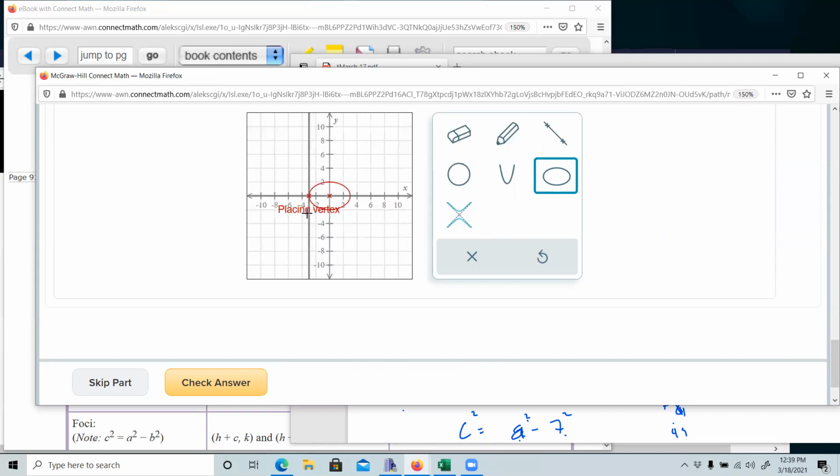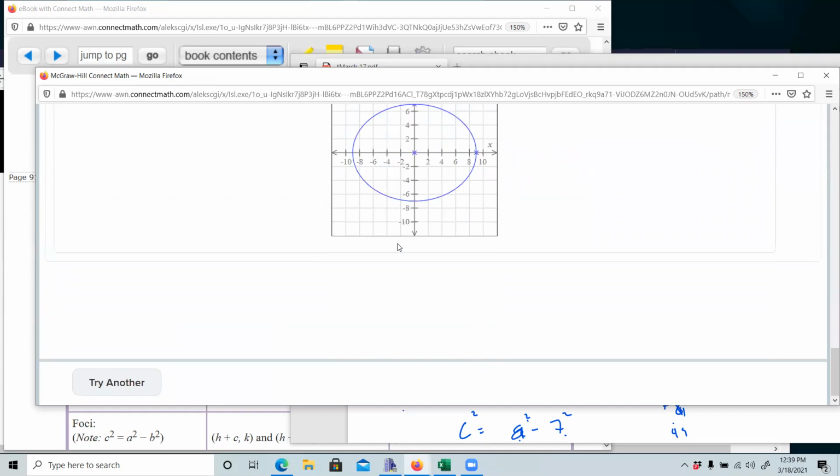The same idea is we're just going to see 7, 8, 9, and then 1, 2, 3, 4, 5, 6, 7. There. It wasn't too bad. And that's all that we're going to do. We're going to repeat this process quite a bit, but that is how you graph an ellipse.